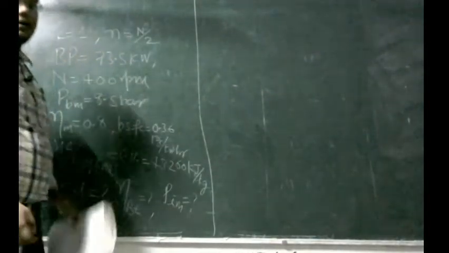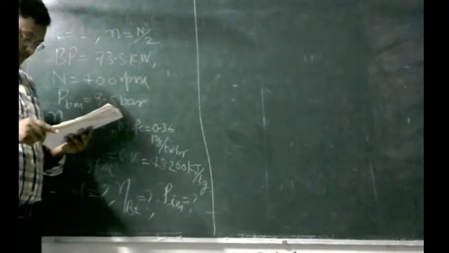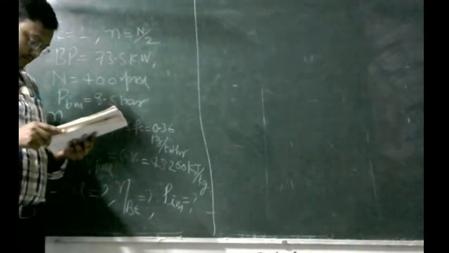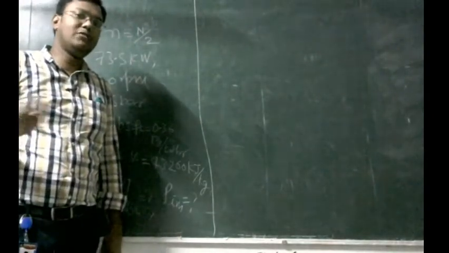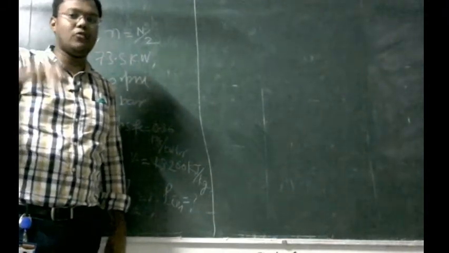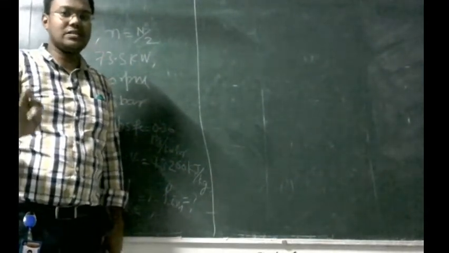Here I am going to solve the question. First, stroke length and diameter of the cylinder are asked. This we can calculate only from stroke volume. If we know the stroke volume Vs, then we know the formula: Vs equal to pi by 4 D square L. So first we need to calculate the stroke volume Vs, and we can calculate it from the formula of brake power.